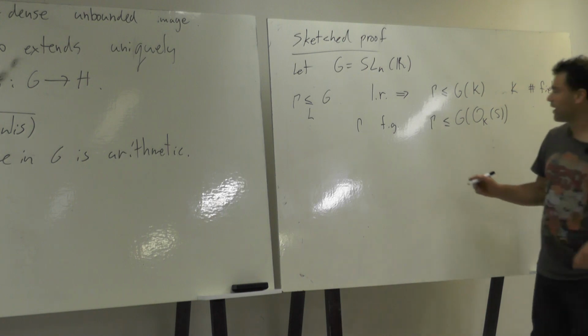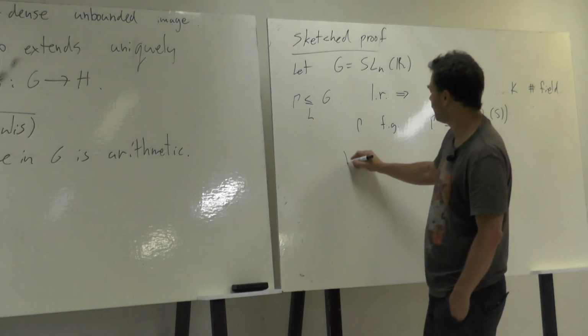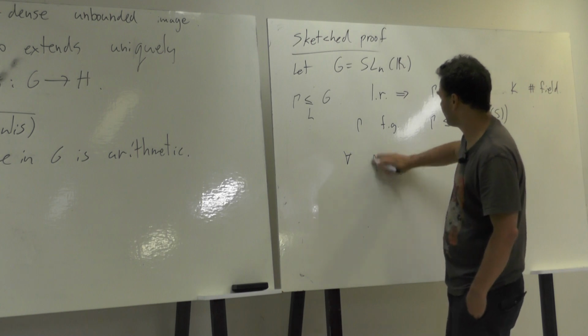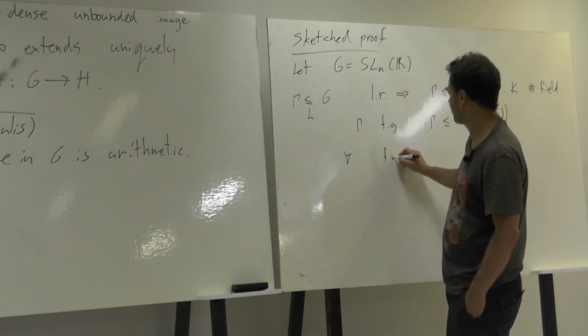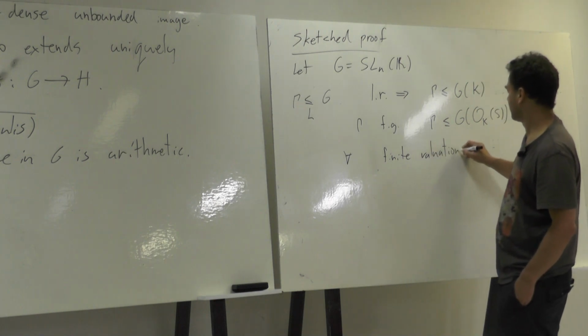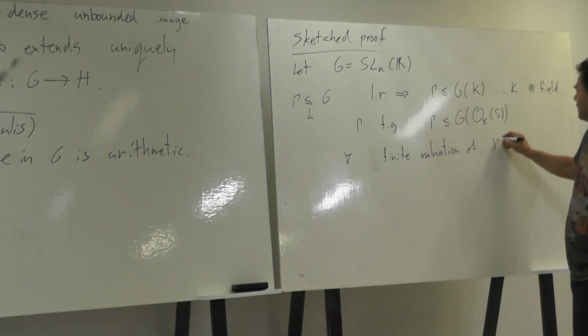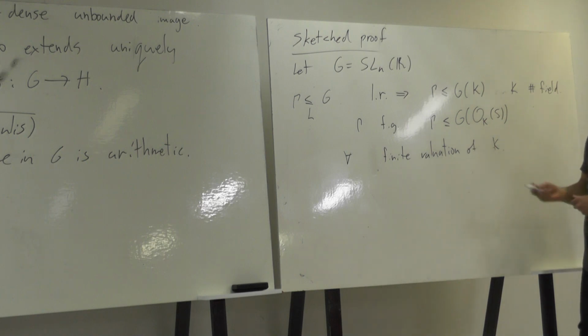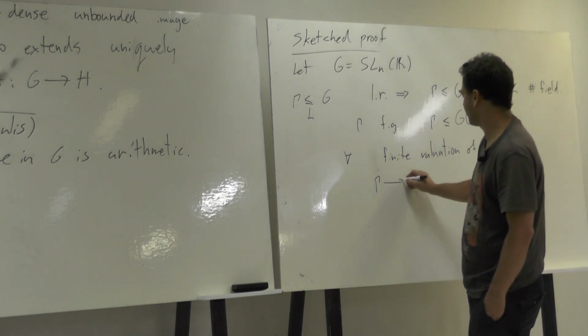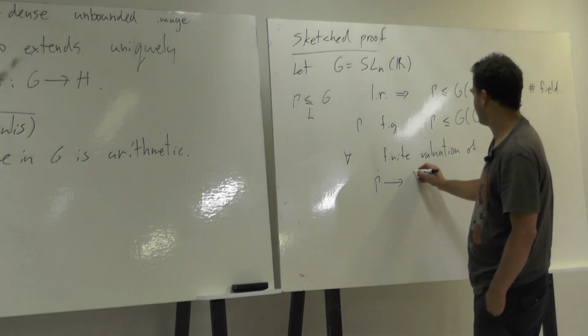Now, for any finite valuation v of K, if K is Q, you have all the p-adic valuations. If K is a finite extension of Q, you have the extensions of the p-adic valuations.